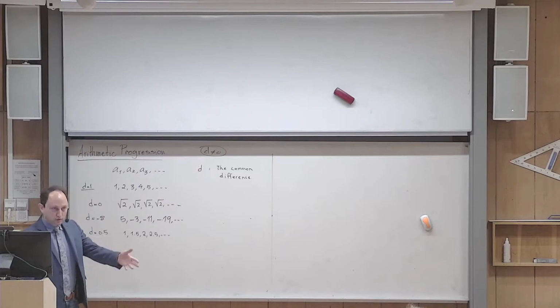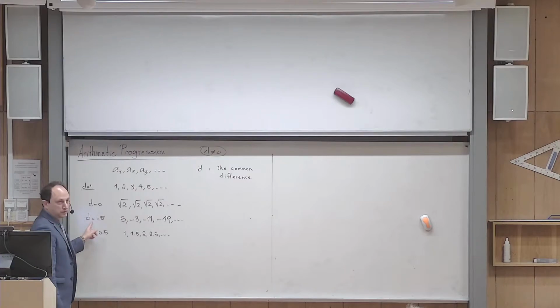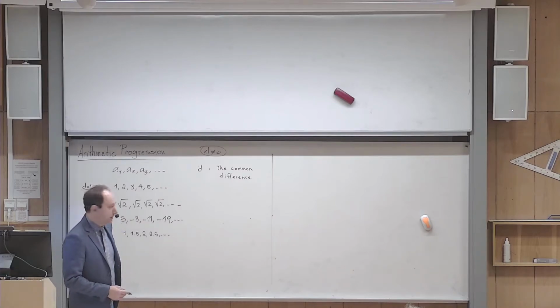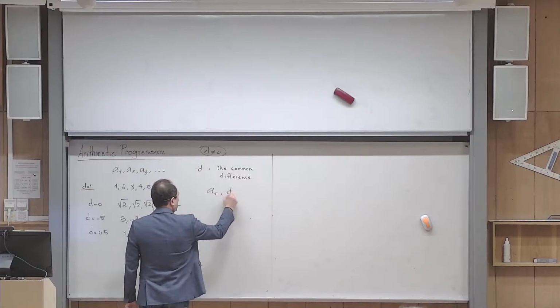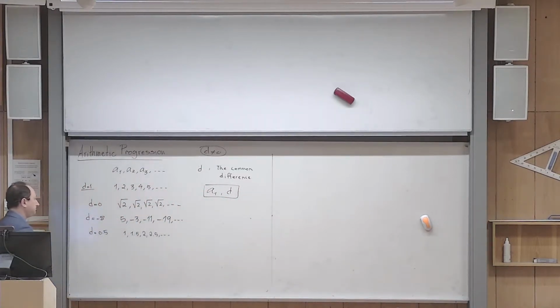If I know where to start, meaning the first term, and if I know the common difference, then I can generate the whole sequence. So 2 pieces of information are needed to generate any arithmetic progression. So A1 and D are the main questions when it comes to an arithmetic progression.